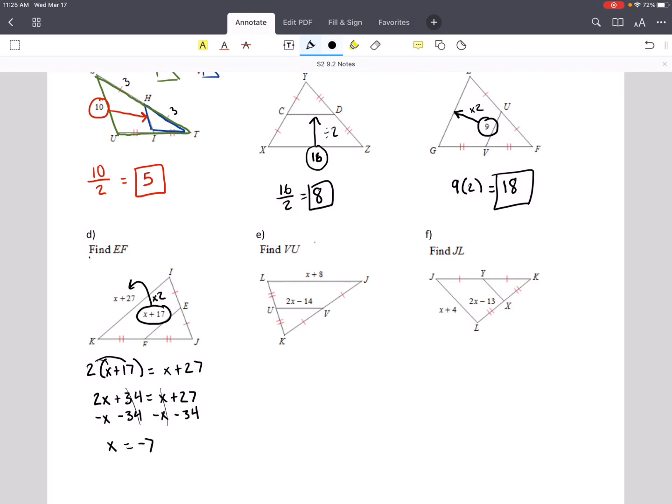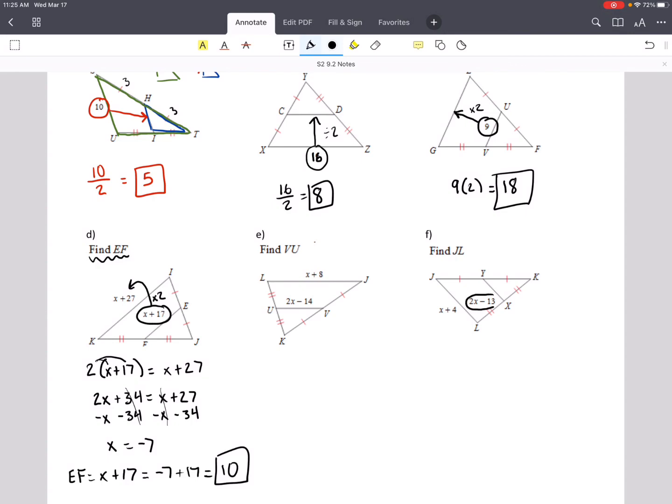Notice the question says we need to find EF, and so we can plug back into EF. So since EF is x plus 17, that's like -7 plus 17, which is 10. Cool.